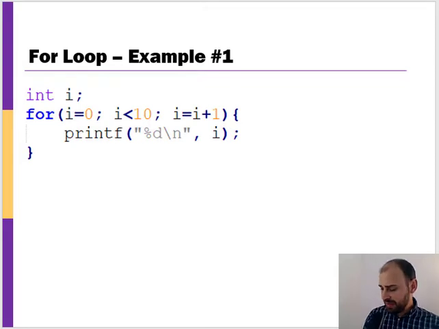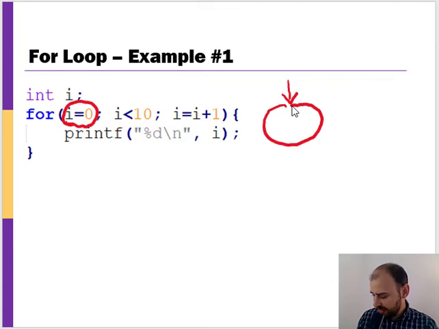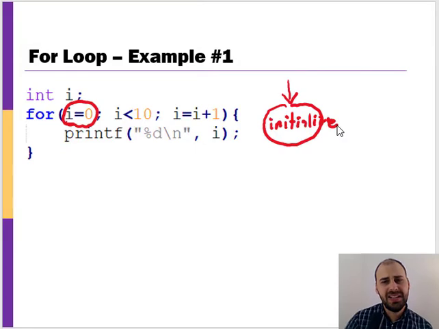The first part is the very first thing that happens: the initialization piece. When we go into a flow chart for a for loop, one of the first things that happens is we hit the initialization. I'm just going to draw it like this: initialize.